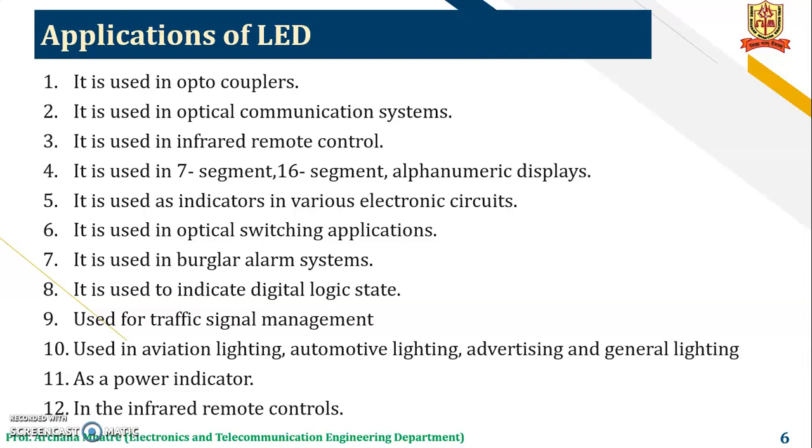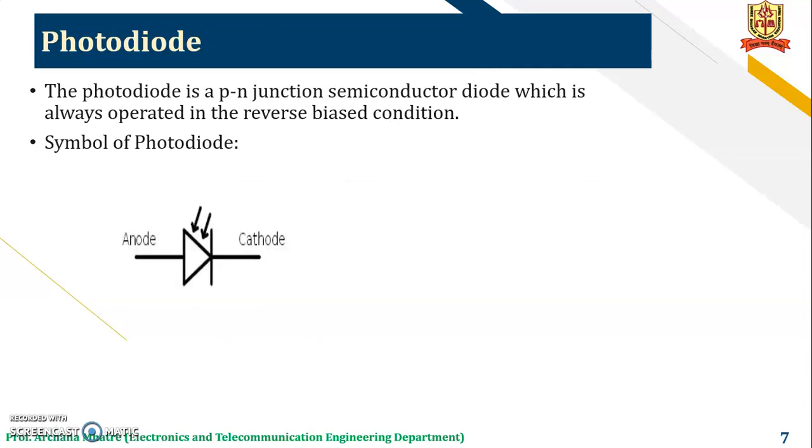It is used in burglar alarm system. It is used to indicate digital logic state, for traffic signal management, in aviation lighting, automotive lighting, advertising and general lighting, and as a power indicator in the infrared remote controls.